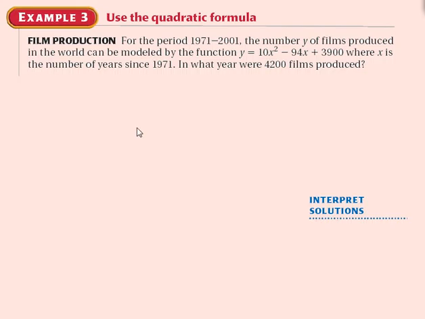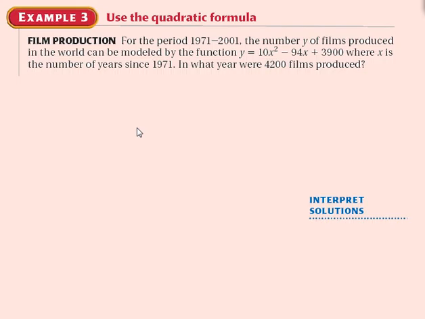Okay, application time. Let's see how this actually plays out. For the period 1971 through 2001, the number y of films produced in the world can be modeled by the function y is equal to 10x squared minus 94x plus 3900, where x represents the number of years since 1991.